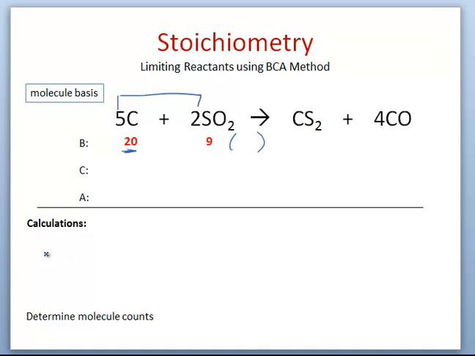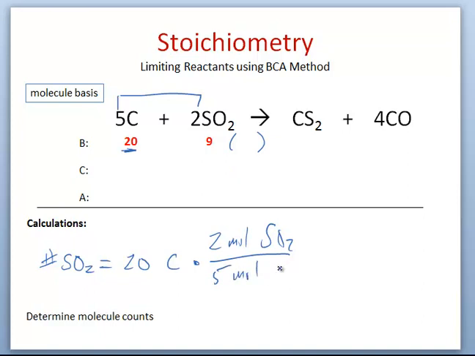All right, to determine what that requirement really is of sulfur dioxide molecules, we start by writing 20. So that's 20 atoms of carbon, and then we multiply it by the mole ratio, which is 2 moles of SO2 divided by 5 moles of carbon.